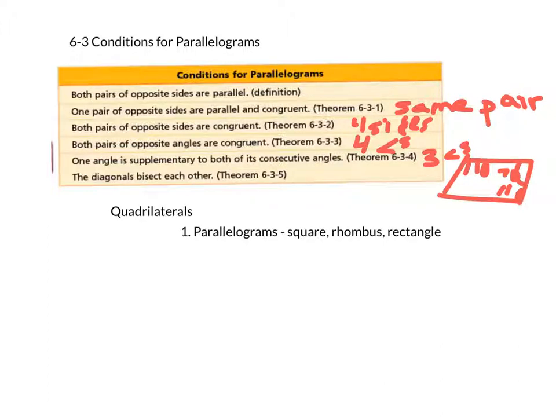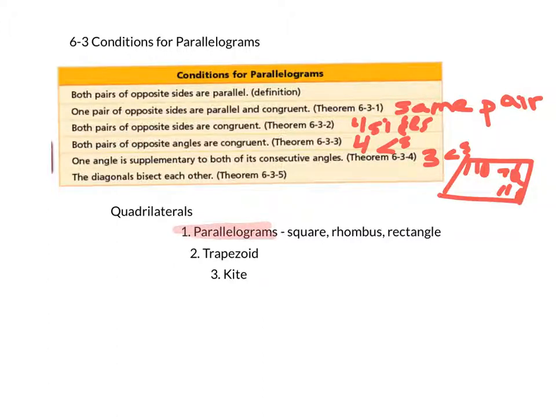But then there are other quadrilaterals we're going to learn about as well, such as number 2, which would be trapezoid. It's a quadrilateral. And the third one that we're going to learn about is a kite.